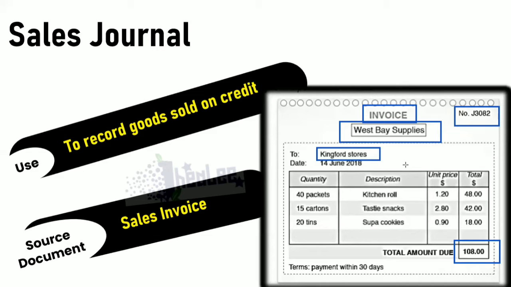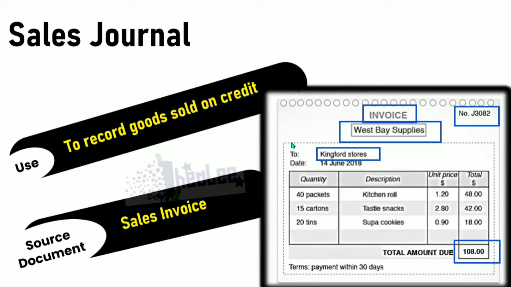The next step is to post to the respective customer account in the sales ledger, and at the end of the period, the total credit sales is posted to the sales account in the general ledger. Now, for this session, just remember that all we're doing is looking at preparing the sales journal.